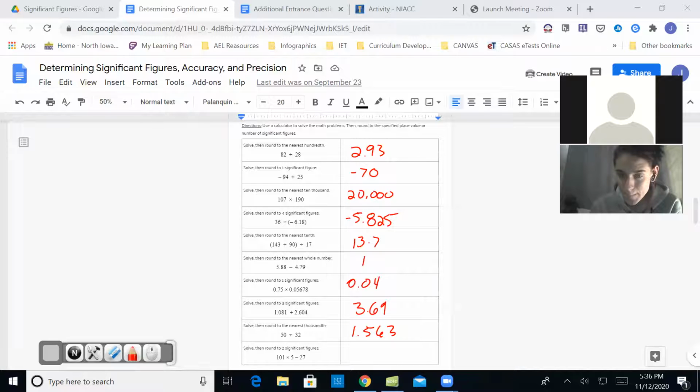Finally, we're going to take 101, times it by 5, and subtract 27, and round it to two significant figures. 480. So 0 at the end of a whole number doesn't count as a significant figure.